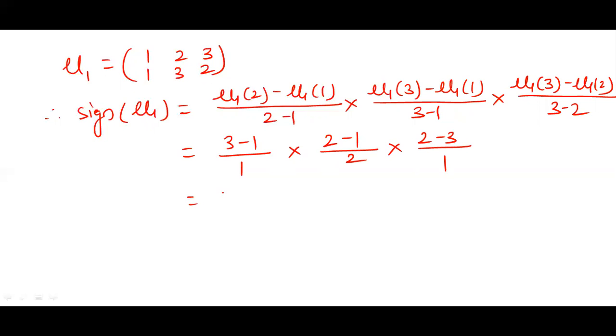So it is 2 by 1 into 1 by 2 into minus 1 by 1. Okay, this 2 will cancel with this 2. In this product we have minus 1 only one time, so it is minus 1. Therefore signature of mu1 is minus 1. Let's find signature of mu2.